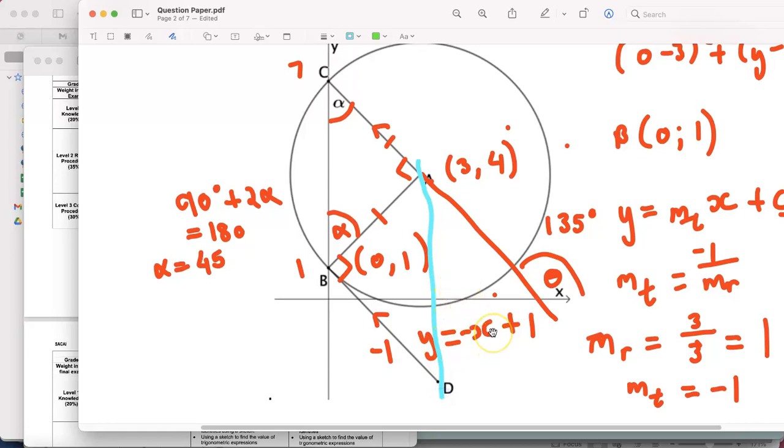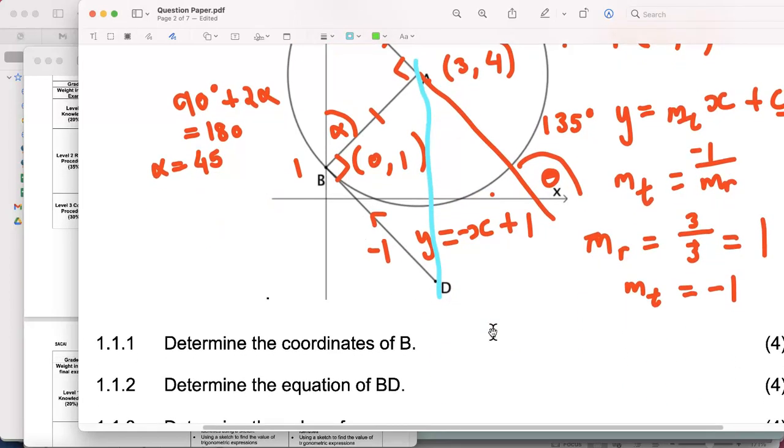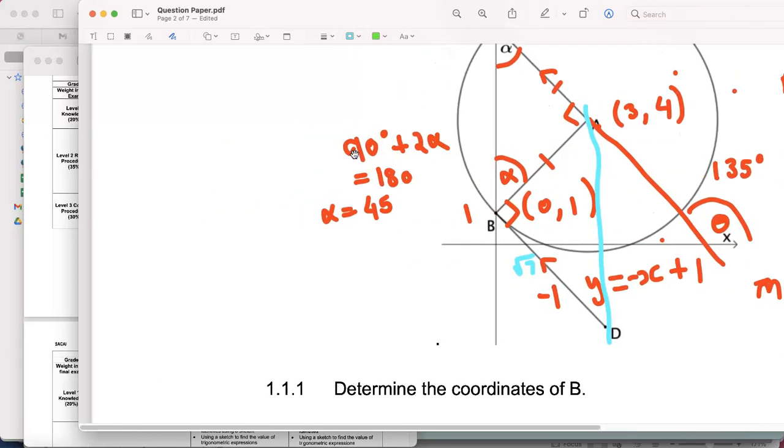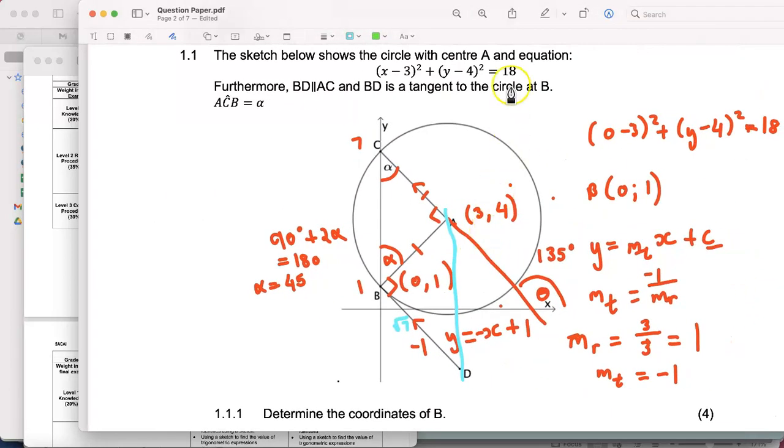They want the length of AD. If you had filled in your picture, you should have had something like this, where you can see that ABD is a 90-degree triangle. As a result, if you know BD is the square root of 7, you know the radius already, because the radius squared is 18.